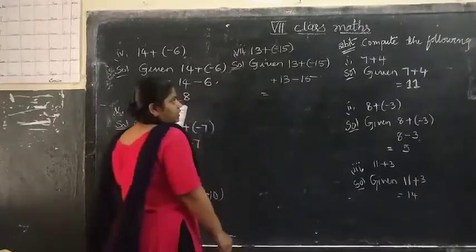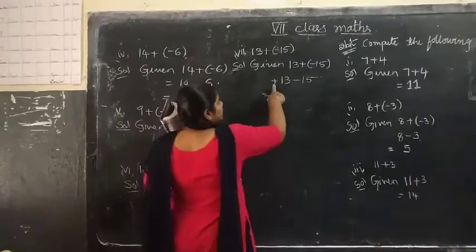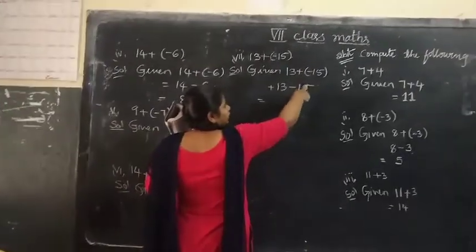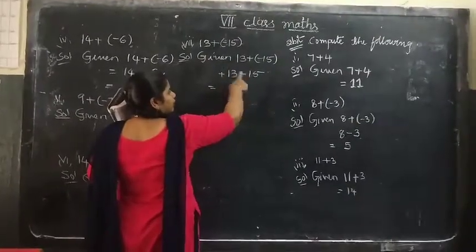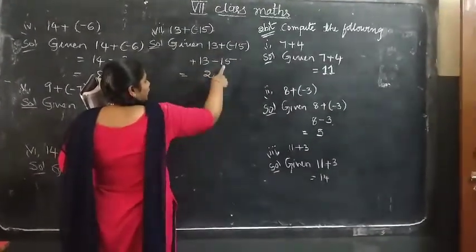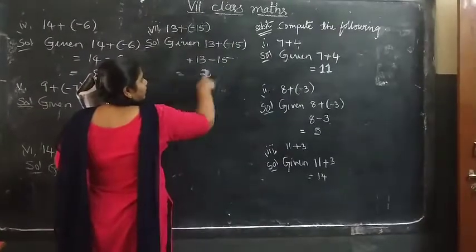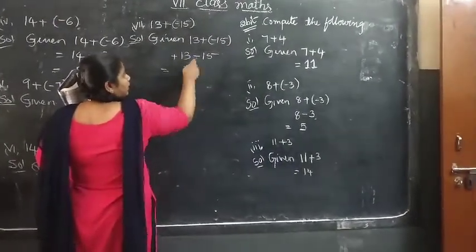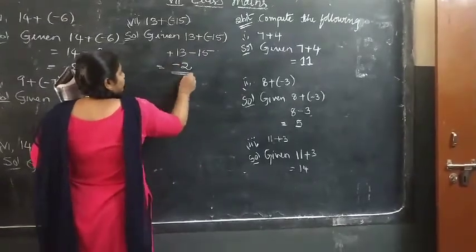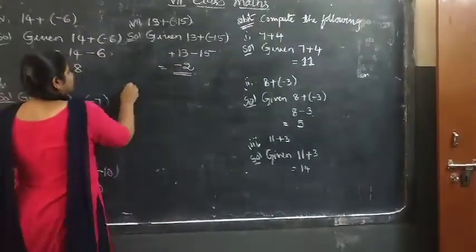We are not having any sign, that means we are taking it as plus. Plus into minus is minus. 15 minus 13. From bigger number you subtract the smaller number. 15 minus 13 is 2. Keep the bigger number sign. Place a bigger number sign here in 13 and 15. 15 is a bigger number. So I am taking the bigger number sign as minus. So what is the result? Minus 2.